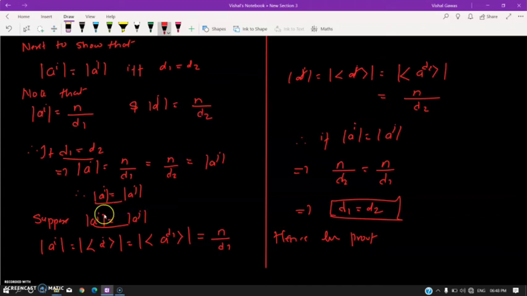Well, the next part of this. So here's the next corollary for the same theorem. Let's write this as corollary 3. Let the order of A be equal to n.